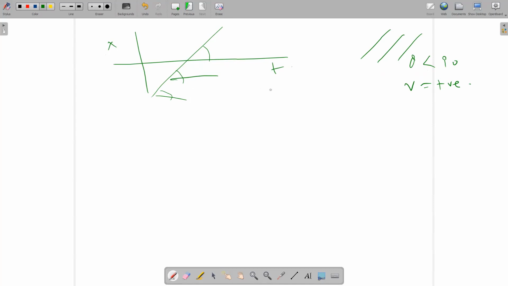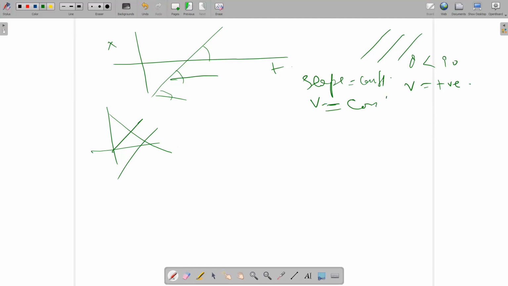Slope is changing or constant? It is constant. Straight line like this one. So slope constant means velocity is constant. Same thing, but on the positive side.